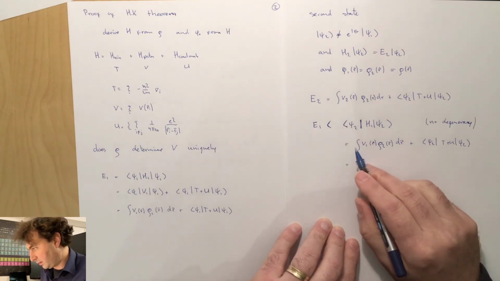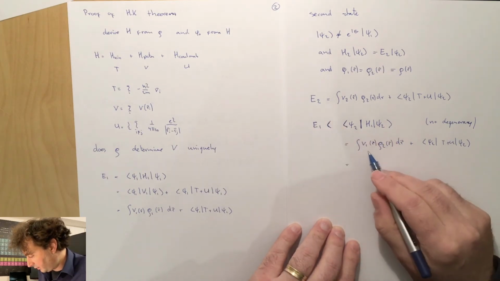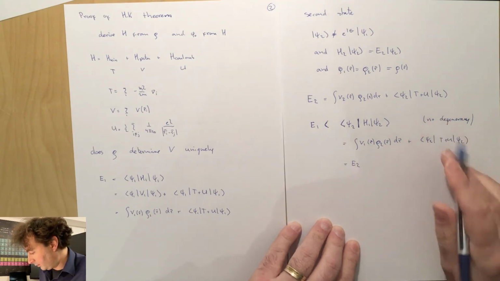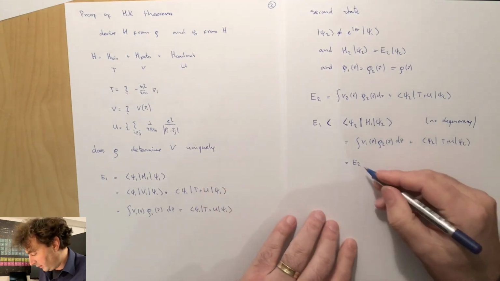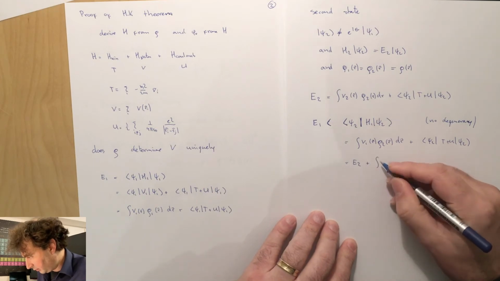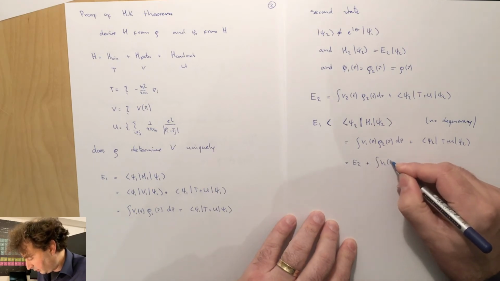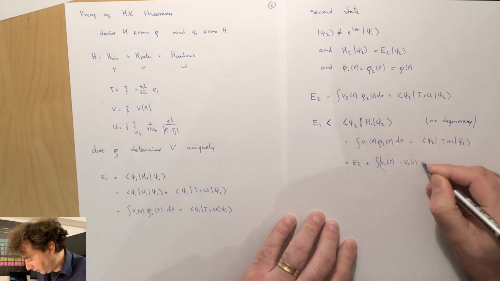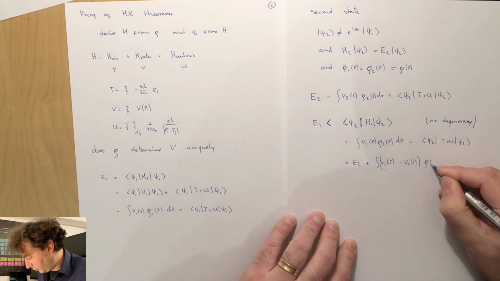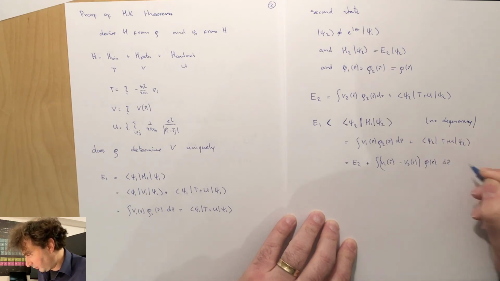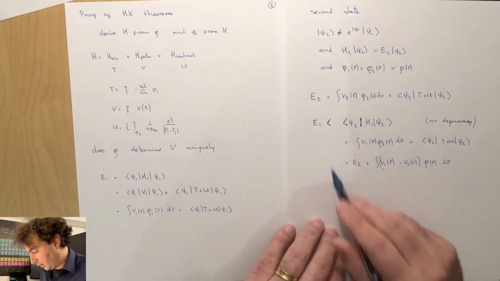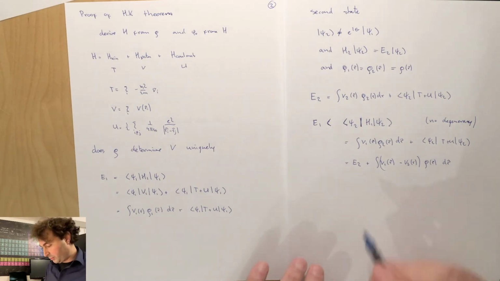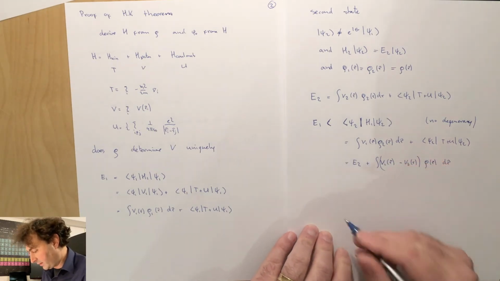Now this can be written as E2, and then we have plus the integral of V1 of r minus V2 of r times rho of r dr. So E1 is smaller than E2 plus this integral over the difference between the two potentials times the density.